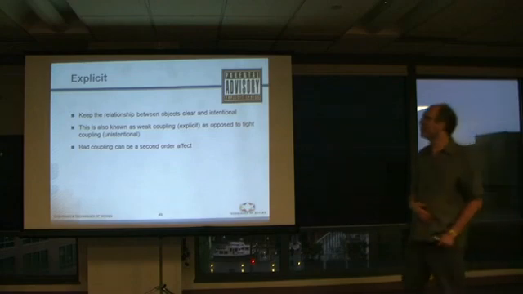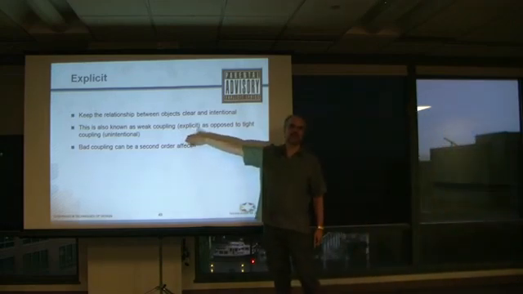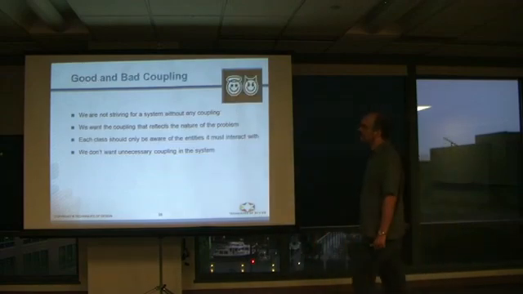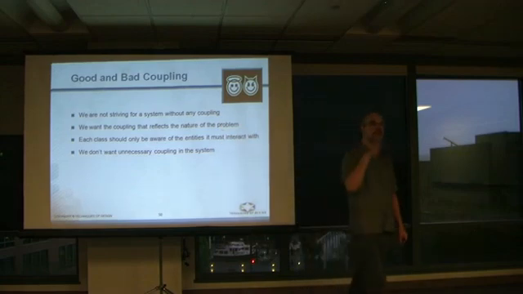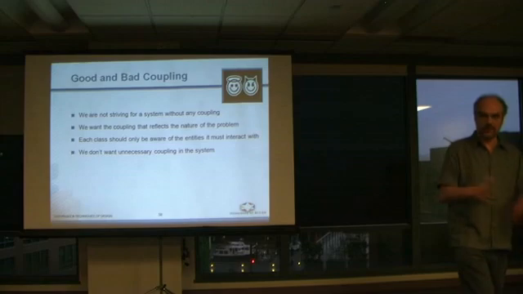So I like the term explicit coupling or accidental or unintentional coupling. Then it's clear which one is good and which one is bad. And we're not striving for no coupling, because a program that has no coupling is a program that does nothing. What we want is coupling where it should be by the nature of the problem we're addressing, and no coupling where it shouldn't be.